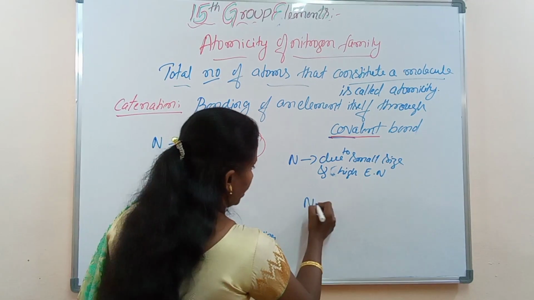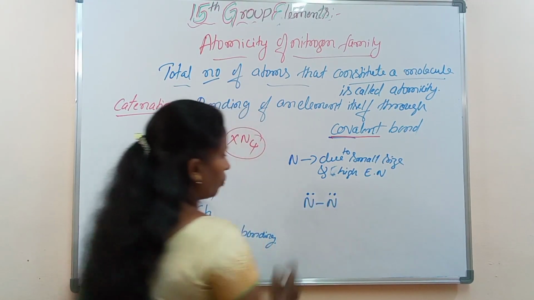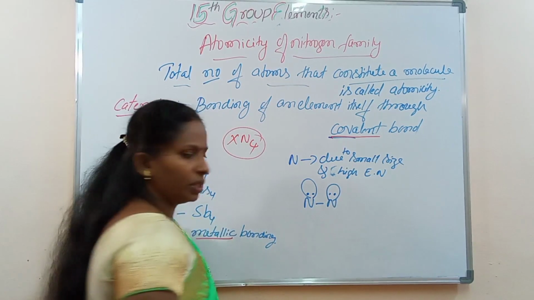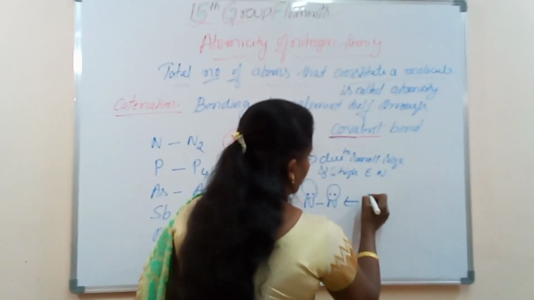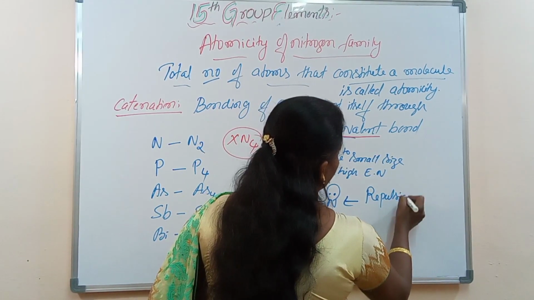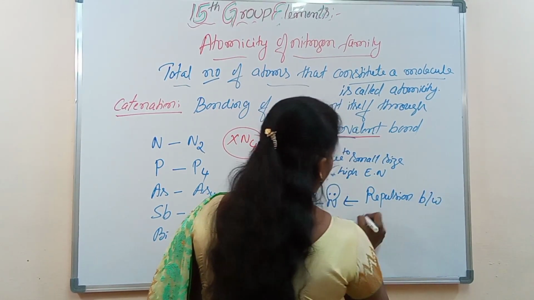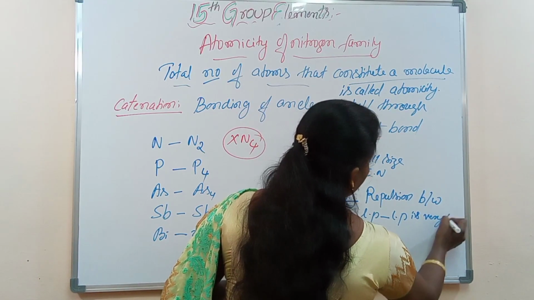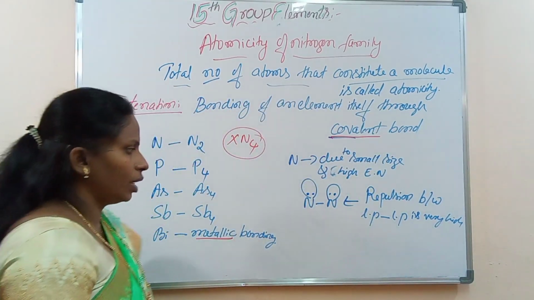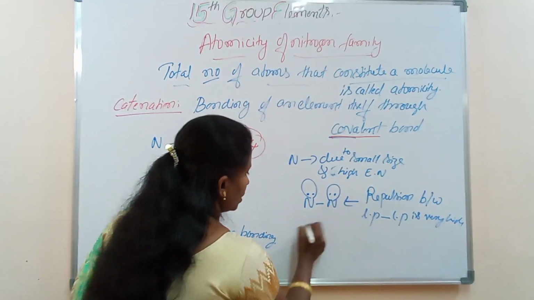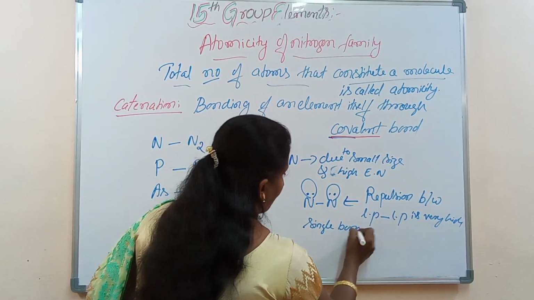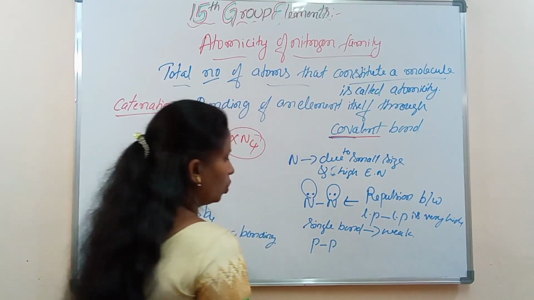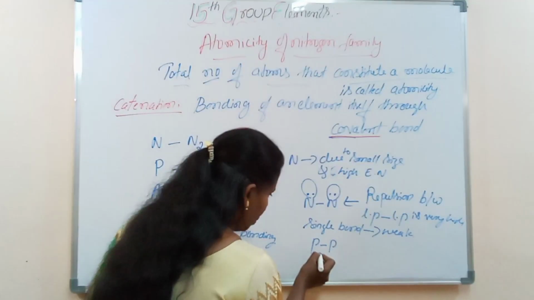Look here, nitrogen has lone pairs of electrons. We know that the repulsion between lone pairs is very high, and so the single bond becomes weak in case of nitrogen, weak compared to the P-P bond. But in phosphorus, the atom is larger.